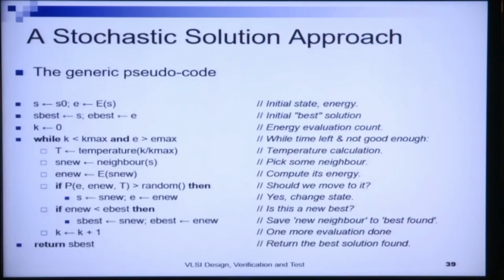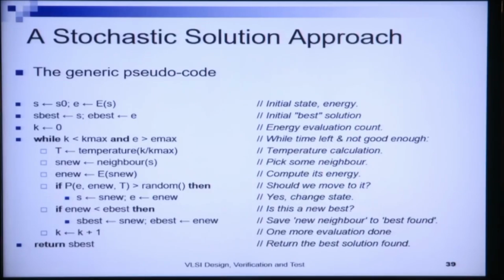Now we will look at the actual algorithm. So initially I have an initial state S0. I allocate it to S, that initial state, and that state is a configuration of initial mergings of temporary registers and operations into certain hardware registers and functional units.